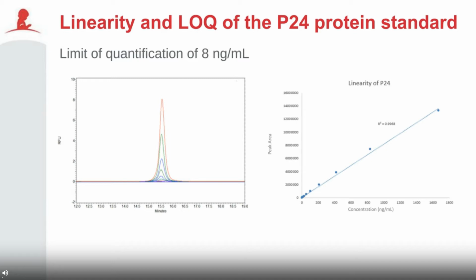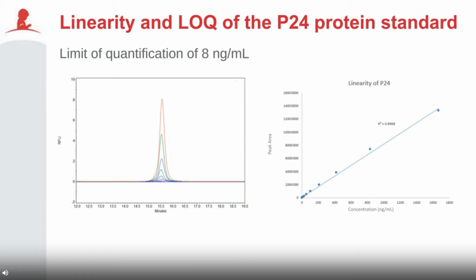So here in this slide, we're evaluating the linearity and the LOQ of the standard. This P24 standard was used to evaluate the linearity and determine the LOQ of this workflow by injecting increasing amounts of standalone P24 standard into the P800 Plus system with the CE-SDS chemistry.